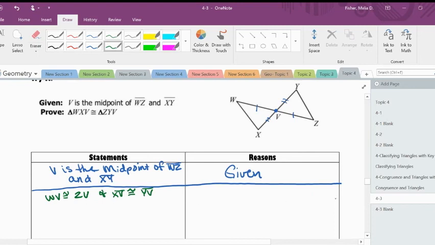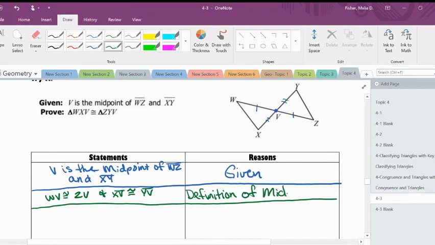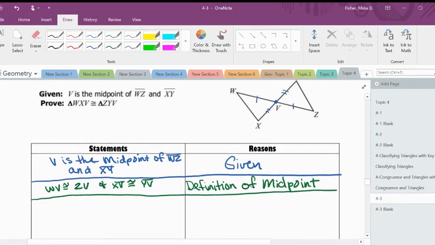And my reason here is definition of a midpoint. And you could have written those as two separate steps. I chose to write them as one.